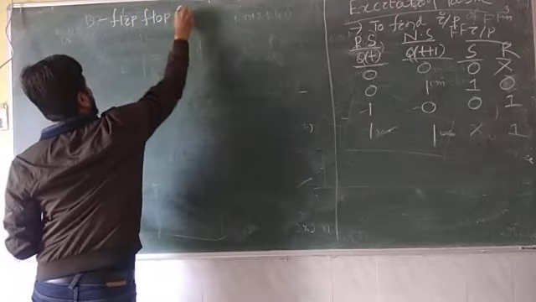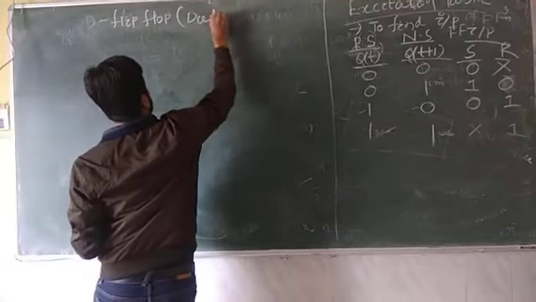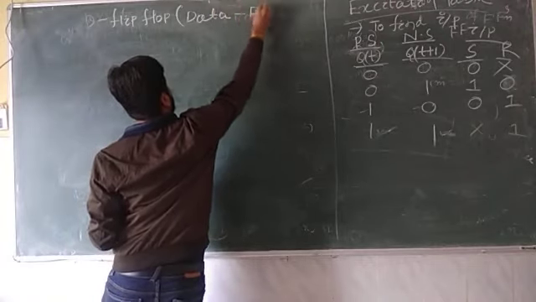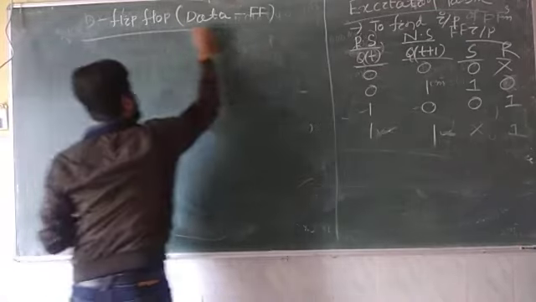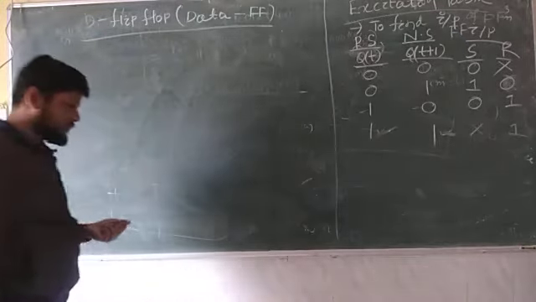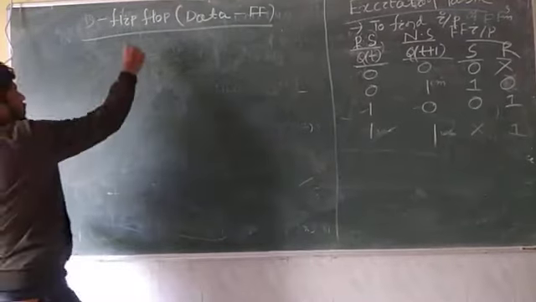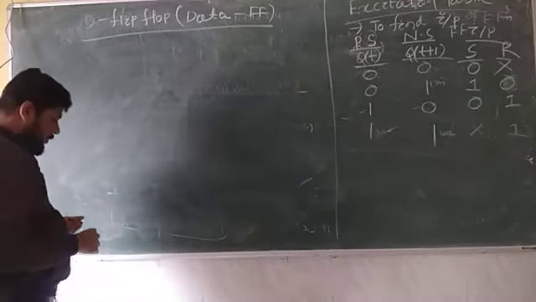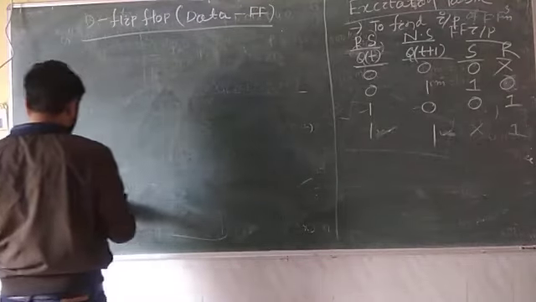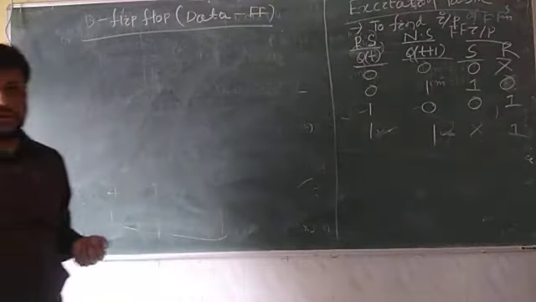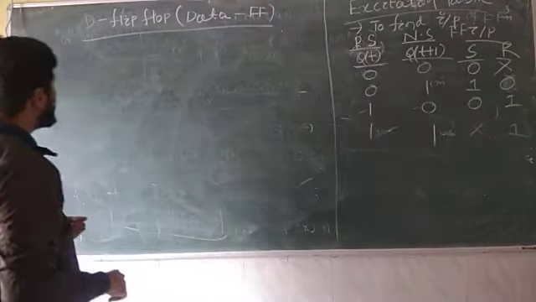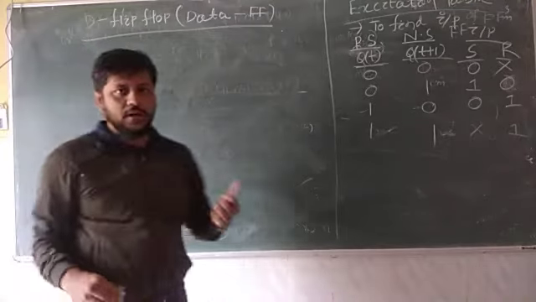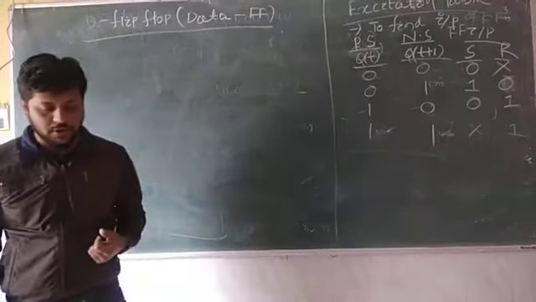Here D stands for data flip-flop. Then how to design this D flip-flop? As I have already explained your SR flip-flop, from this SR flip-flop we are going to derive the D flip-flop, or data flip-flop. What is the necessity or application of this D flip-flop? This is very, very important also.